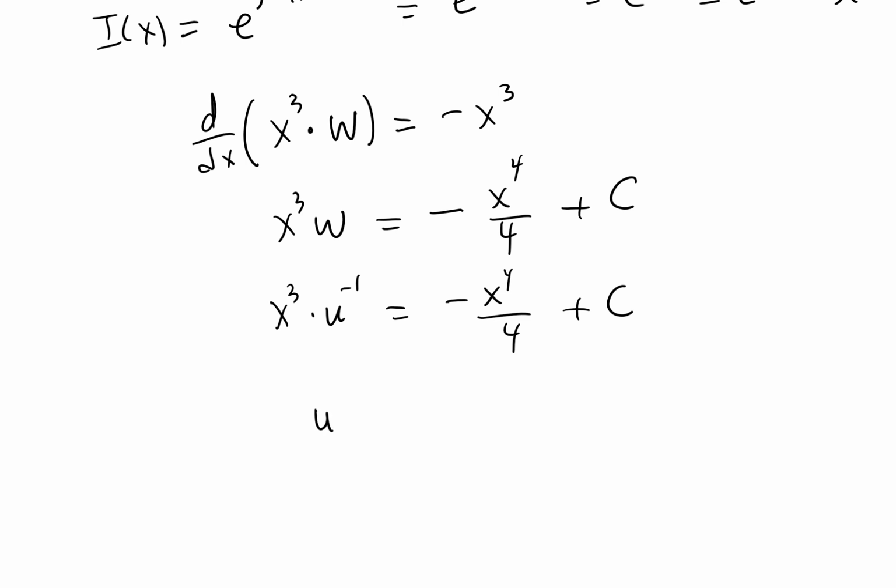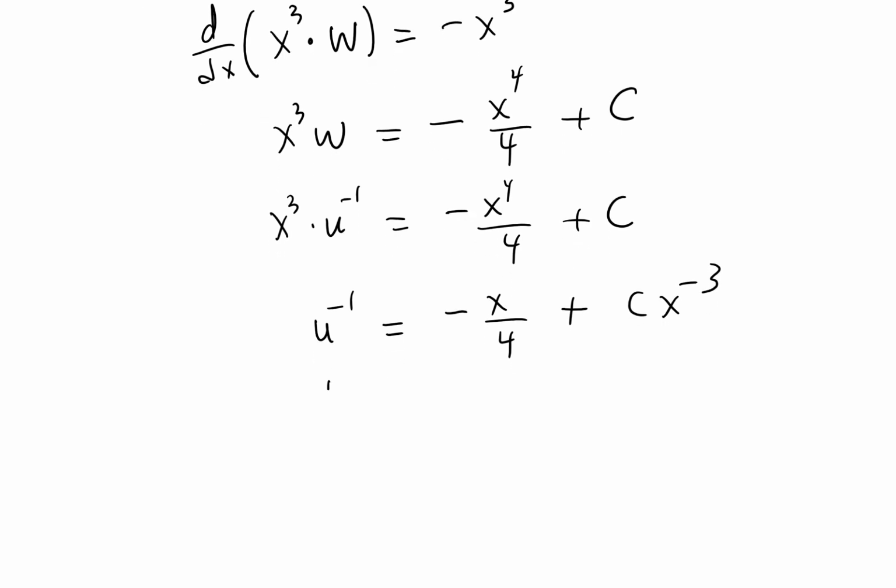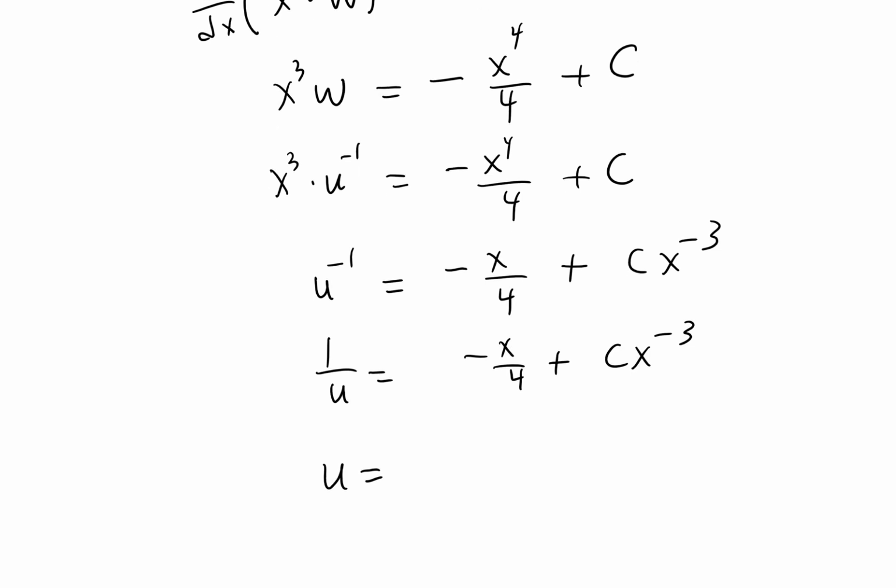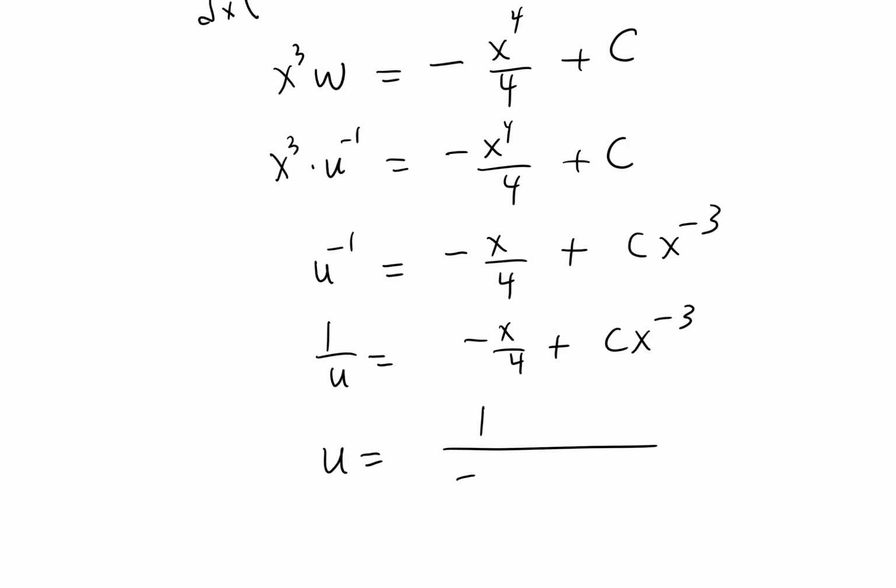Divide everything by x cubed, so that's negative x over 4 plus c x to the negative 3. 1 over u equals negative x over 4 plus c x to the negative 3. If I want to find u, I just flip both sides, 1 over that.